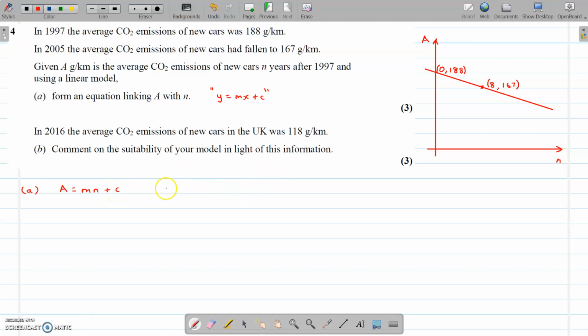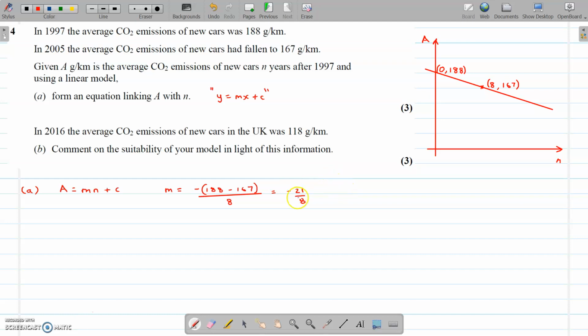Okay, so m is going to equal the change in y divided by the change in x, and it's a negative gradient, so it's going to be the negative of 188 minus 167 in a bracket like that, divided by the change in x, which is from 0 to 8, so that's 8, okay, and that comes out to be 21 over 8, or negative 21 over 8 as the gradient.